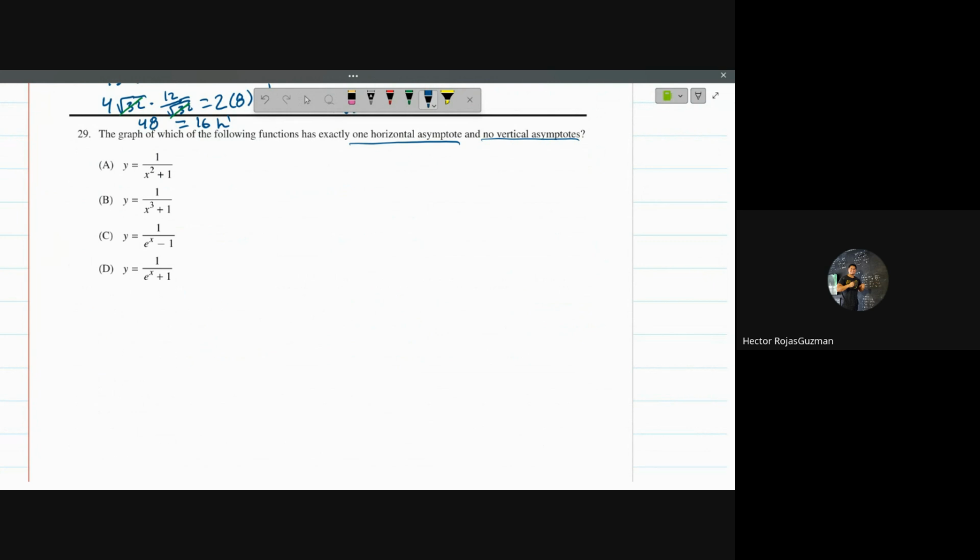Well, first let's do the no vertical asymptotes. Take your denominator and make it equal to 0. Let's see if we can figure out a horizontal asymptote. None. B. Take the denominator, make it equal to 0, and see if you can figure out if you have a horizontal asymptote.